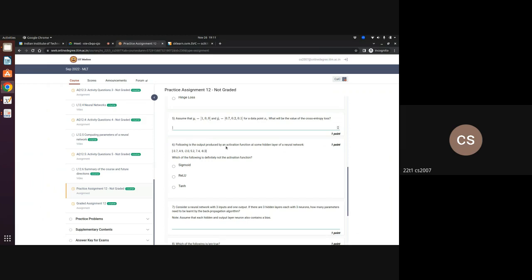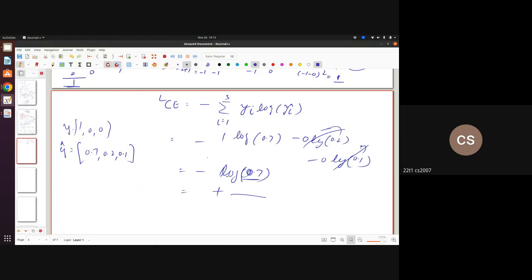Following is the output produced by an activation function at some hidden layer of a neural network. Which of the following is definitely not the activation function? Would somebody like to tell me? Okay, sigmoid we know, right?